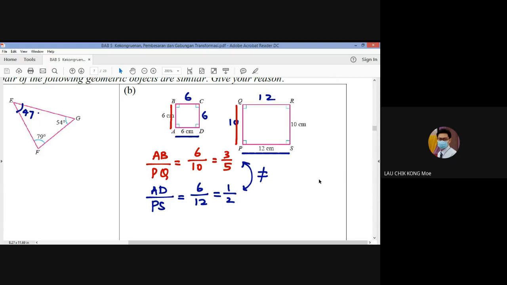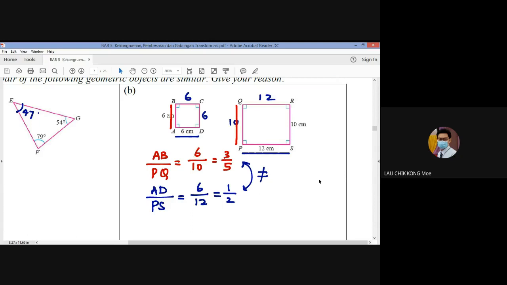Kalau awak mula dengan segi 4 itu dulu, awak kena semua mula dengan segi 4. Tidak boleh kata pasangan nisbah yang pertama kita guna segi 4 dulu di atas, lepas itu nanti pasangan kedua kita guna segi 4 sama pula sebagai atas.